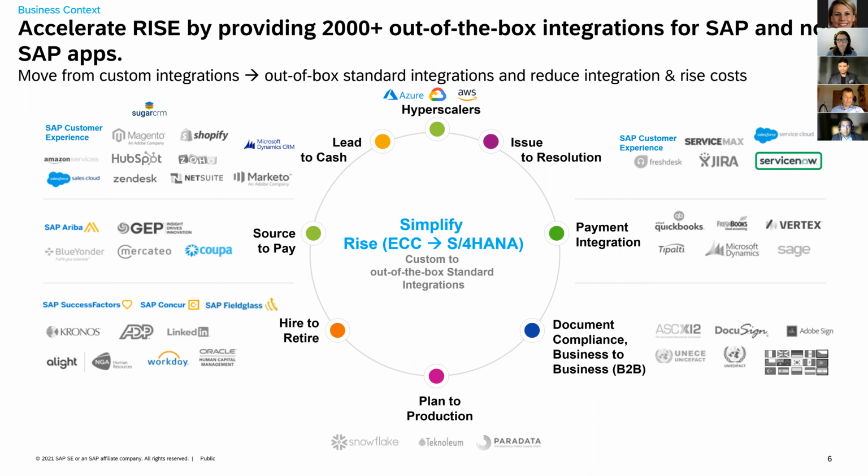The content is delivered by SAP as well as partners. It complies also with e-document scenarios in multiple countries. So many companies have legal entities in different countries around the globe.